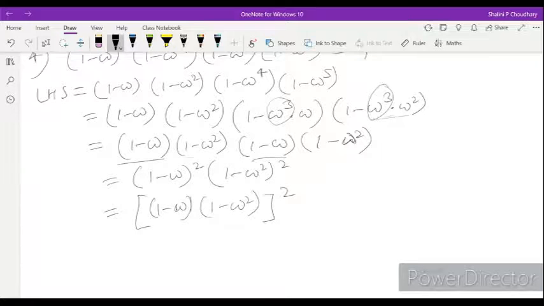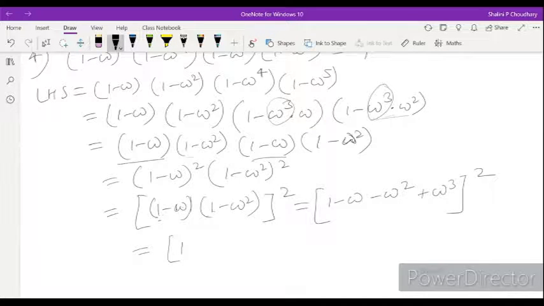First we'll multiply: 1 minus omega into 1 minus omega square, 1 into 1 will be 1, 1 into minus omega will be minus omega, minus omega square, and minus omega into minus omega square will be plus omega cube. Whole square.